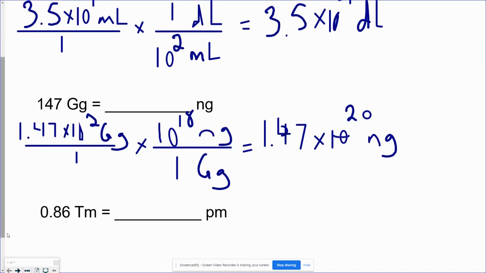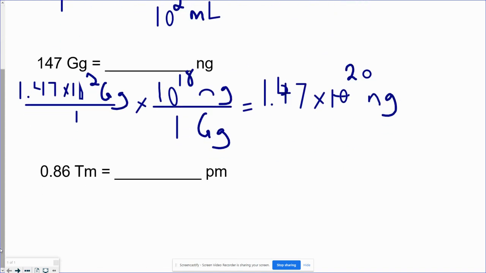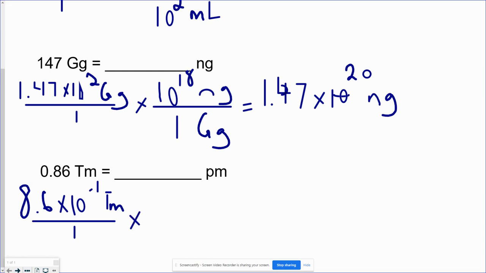All right, so we have 0.86 terameters. So when you move that into scientific notation, you get 8.6 times 10 to the negative first terameters over 1. Now we're going to multiply it to get to picometers. And with that, picometers is 10 to the negative 12th.